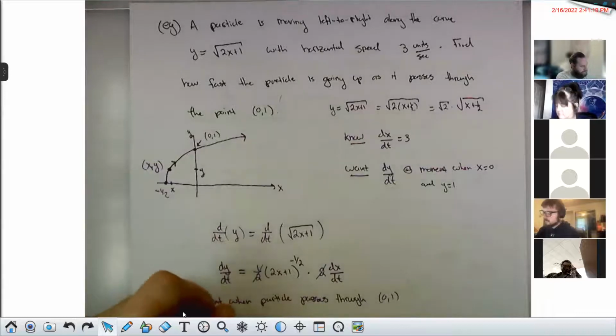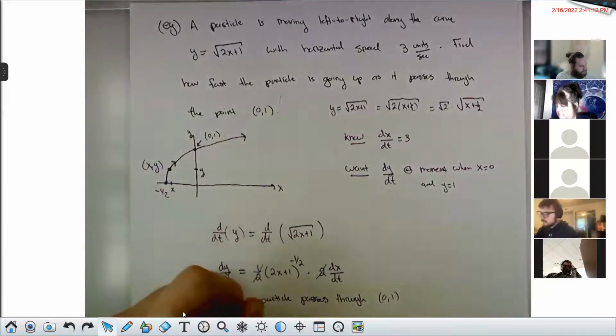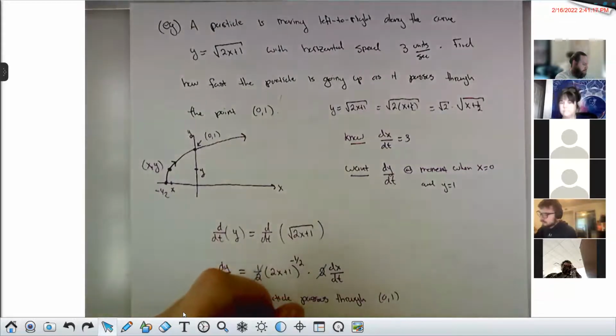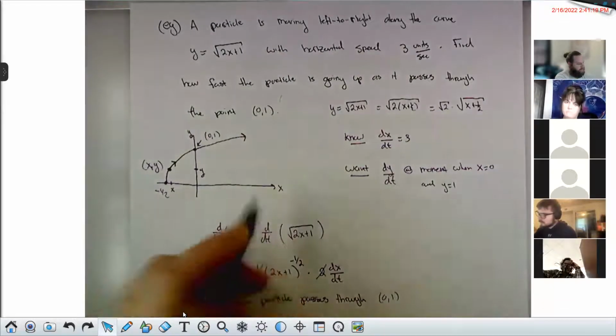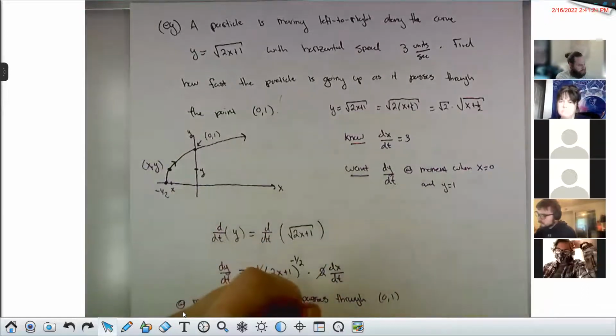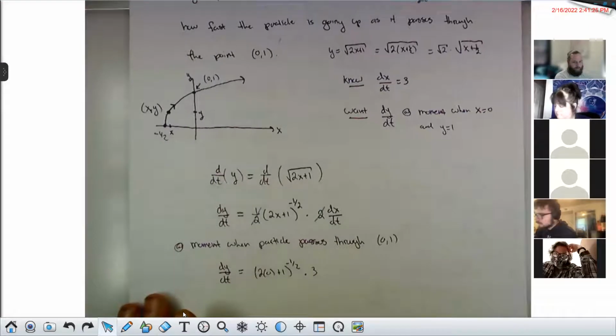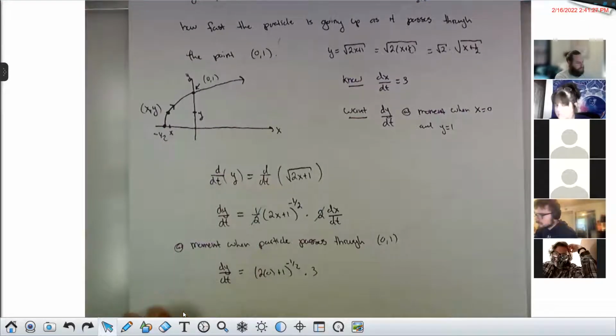So this will tell us that dy/dt is (2 times 0 plus 1) to the negative 1/2 times dx/dt, for which I will plug in 3. This is 1 over the square root of 2 times 0 plus 1, and 2 times 0 plus 1 is 1.